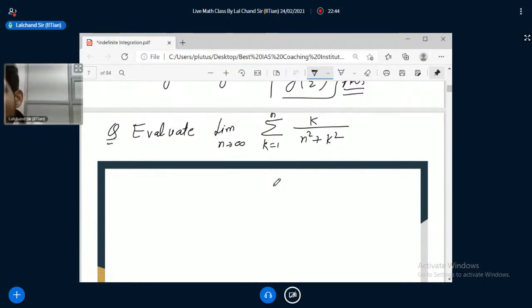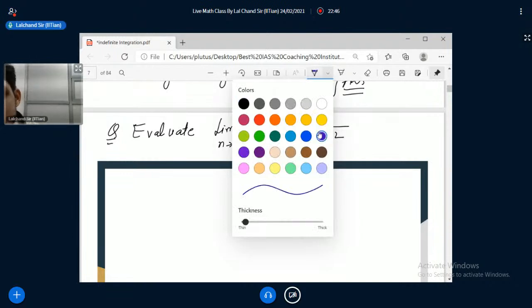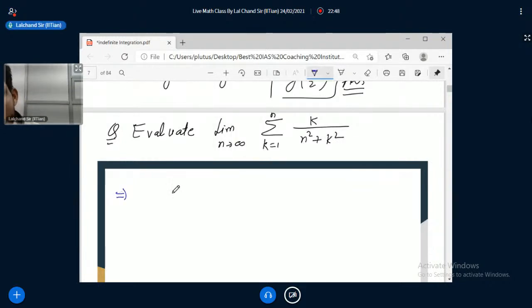Okay, so we have limit n tends to infinity, sigma of k equal to 1 to n, k by n square plus k square.